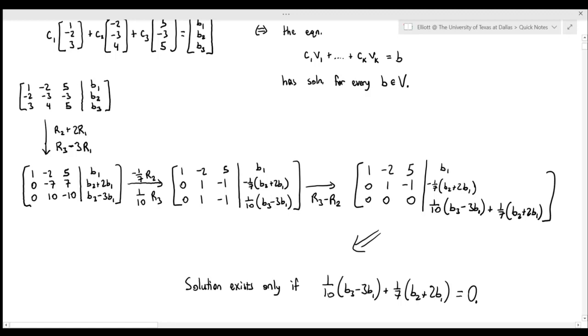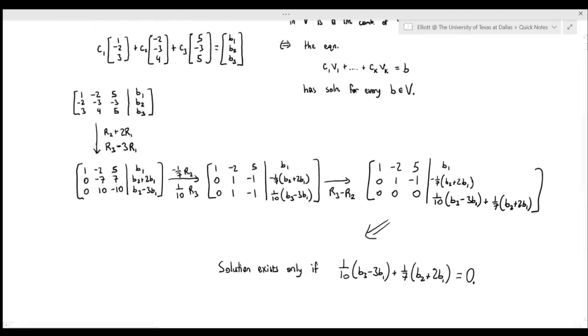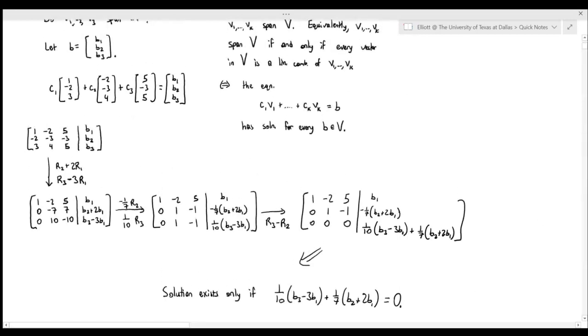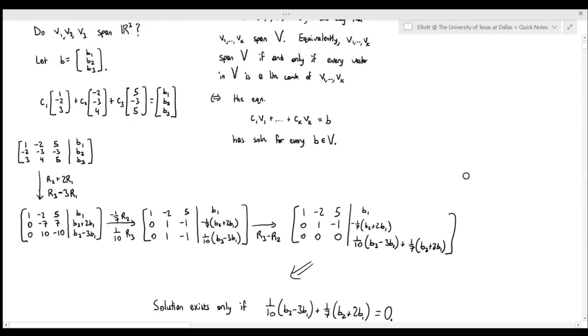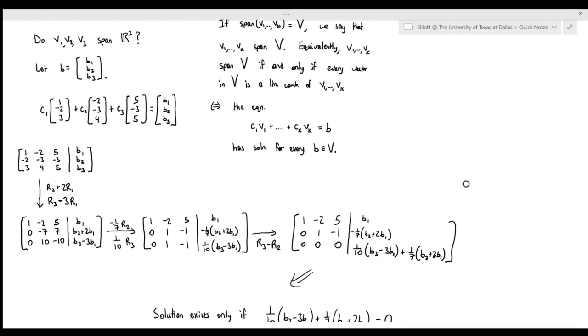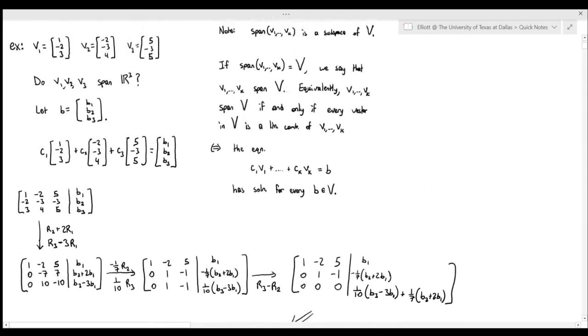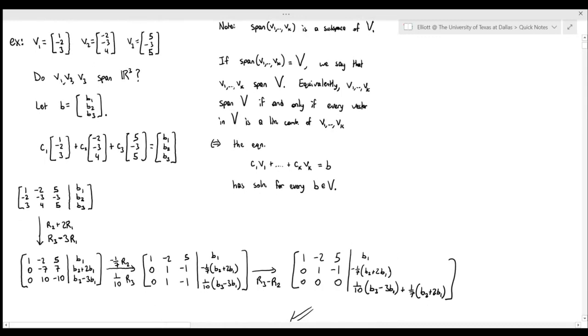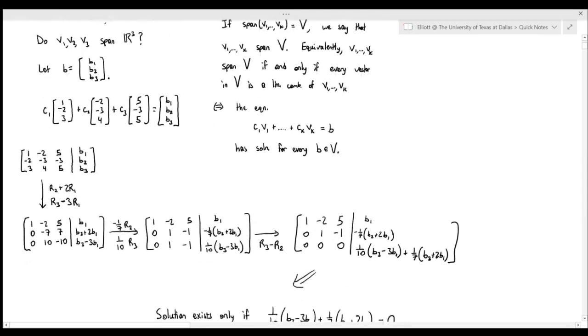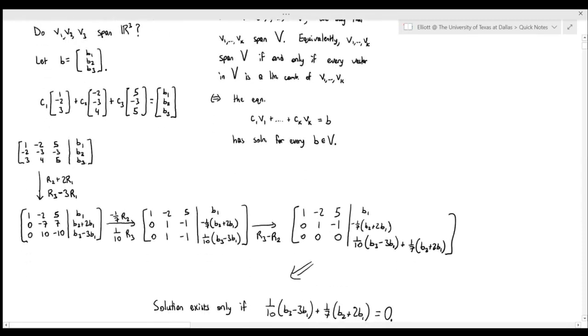All right. Now let's remember what the original question was. So we were trying to check if these three vectors spanned all of R3. For them to span R3, we needed this equation to have a solution for every vector B. So we took an arbitrary vector B for the right-hand side.